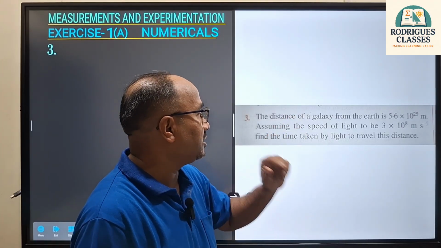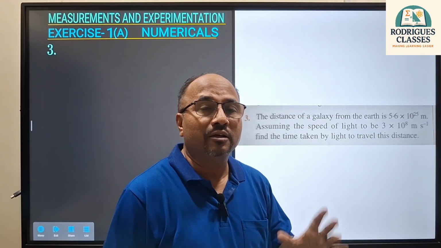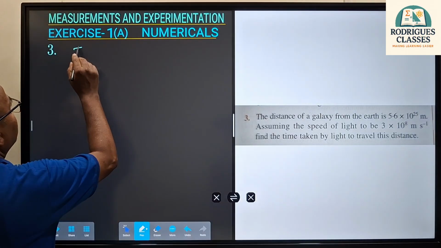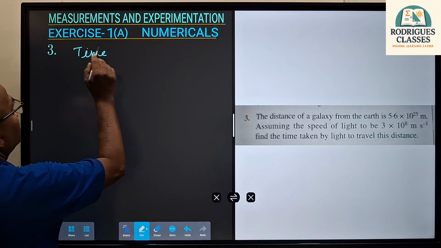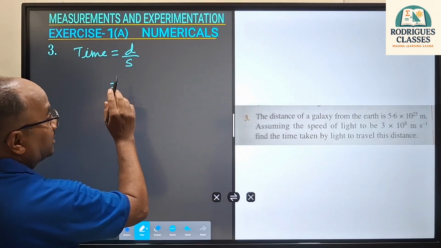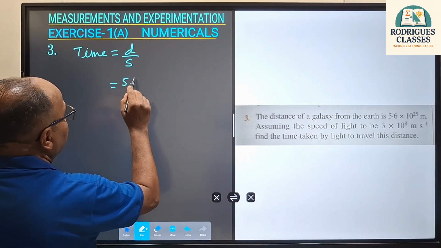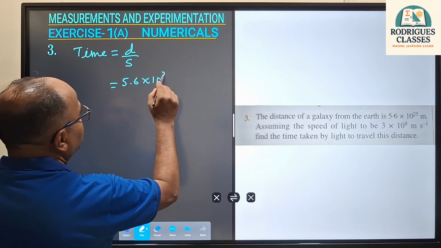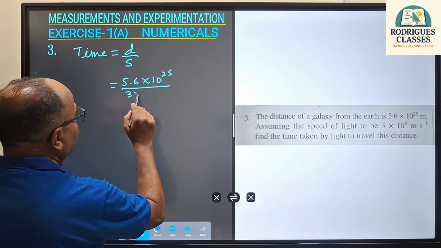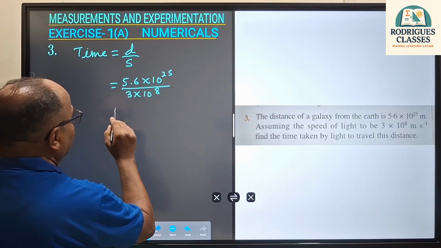You are given the distance and the speed, so the time formula has to be used, which you all know, that time is equal to distance by speed. So the distance given here is 5.6 into 10 to the power 25 and the speed of light is 3 into 10 to the power 8.